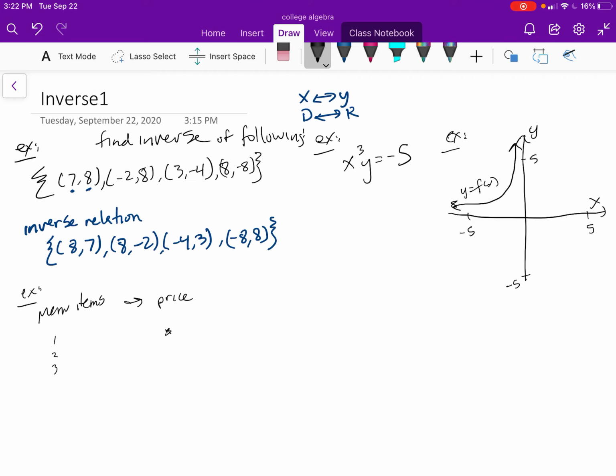Well, instead, imagine going to McDonald's and you have a fixed price. I only have $3 on me. What can I buy, right? I might look at this problem differently. I might look at the price and see which items I could afford. It's the inverse.